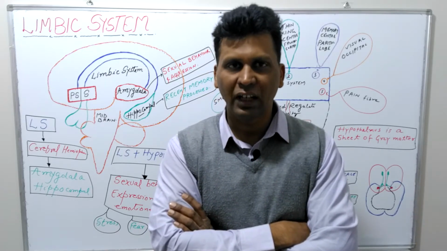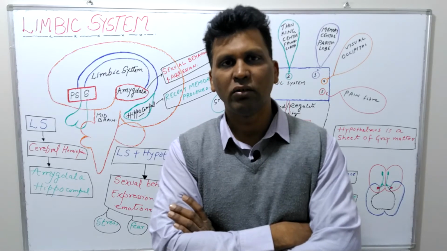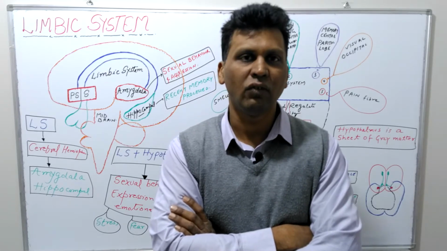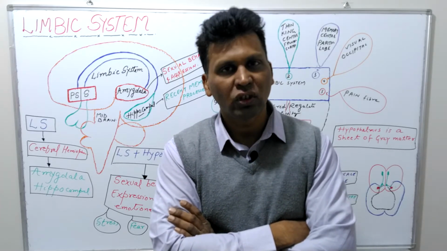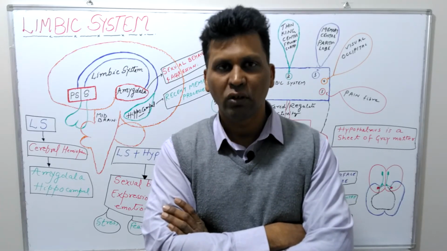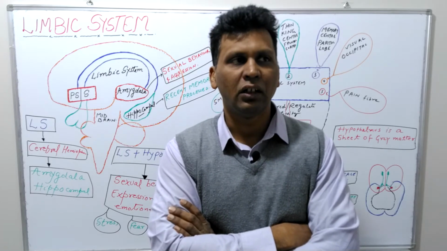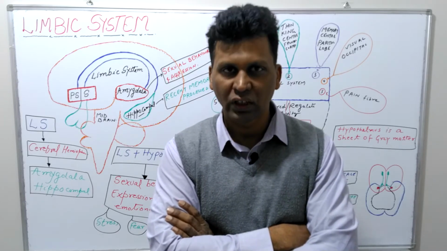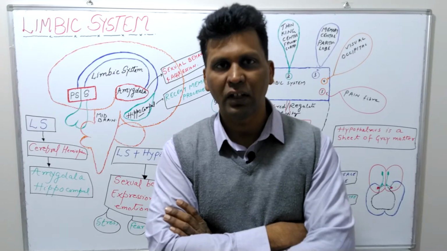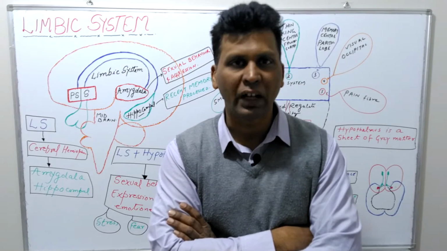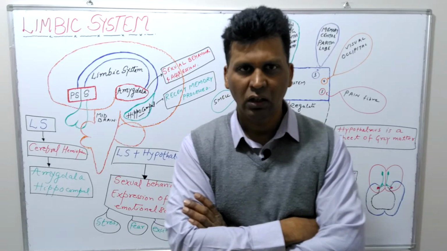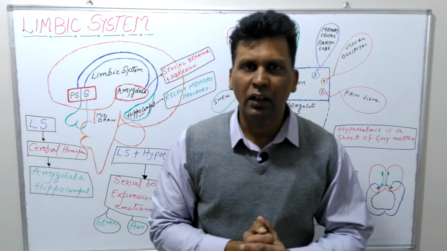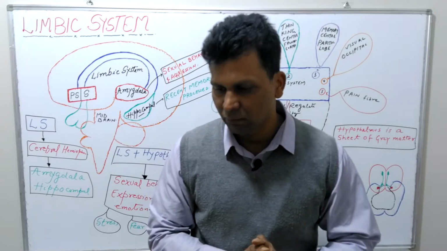In the last lecture, we studied the function and role of the hypothalamus. The major function of the hypothalamus is thermoregulation. It is concerned with emotional activity, sexual behavior, autonomic control, endocrine center, and the biological clock system, also we have already studied. So today the topic is the limbic system.